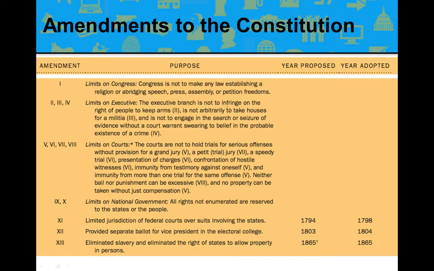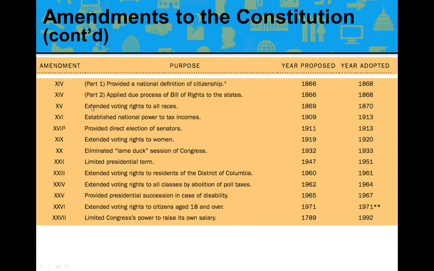All right. Here are some of the different amendments to the Constitution. Of course, the Bill of Rights, Amendments 1 through 10, we will deal with specifically when we talk about civil liberties and civil rights. Then we have a variety of different types of amendments. The 13th, 14th, and 15th Amendments are what are called the Civil War amendments.